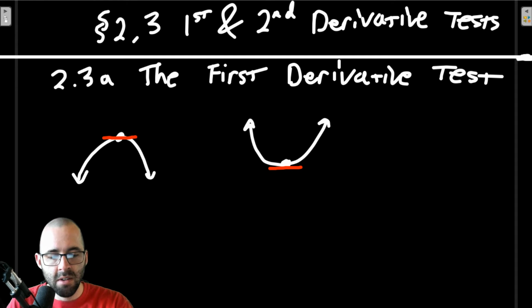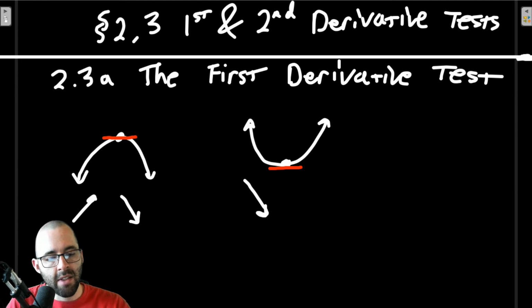And furthermore, notice that as we go left to right, the function is increasing, it's 0, and now the function's decreasing. For a local minimum, the function is decreasing, and then the function is flat, in an infinitesimally small area, and then the function's increasing.